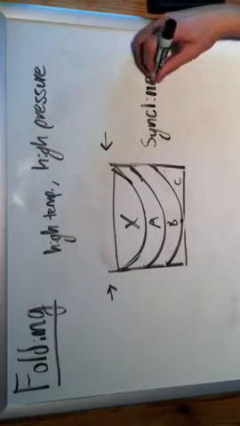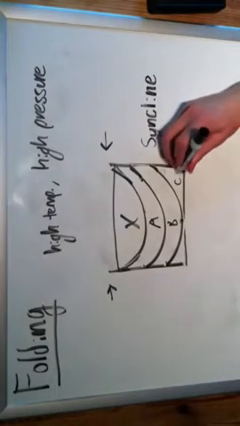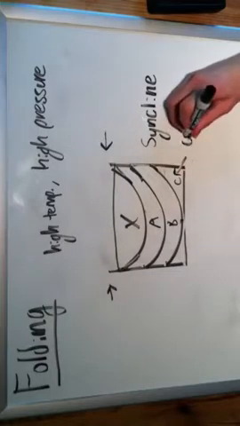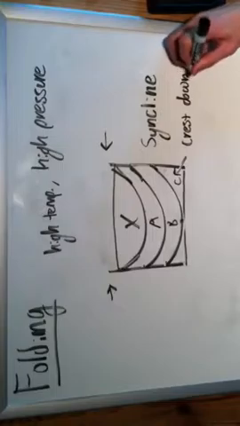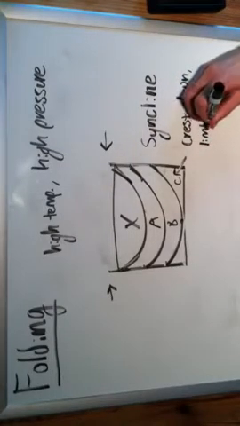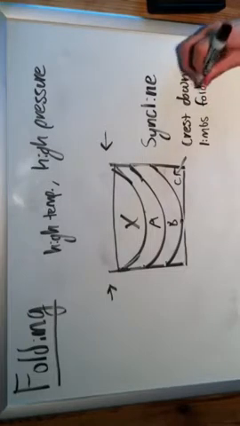Syn as in synergy, and cline as in decline. Just incline or decline, syncline. And yeah, just remember that. For this one, crest is down, and the limbs fold upwards.